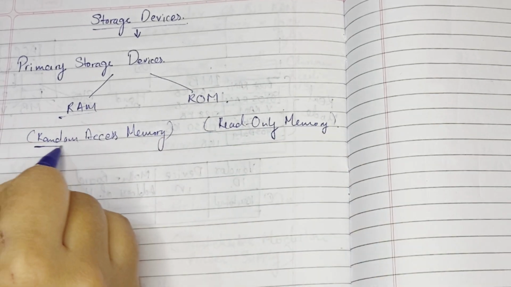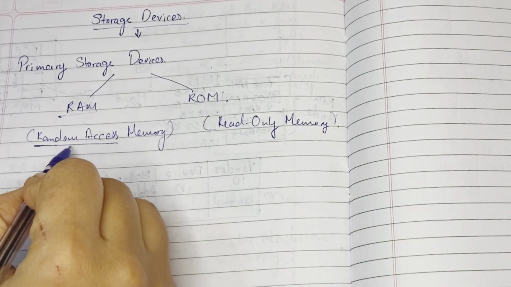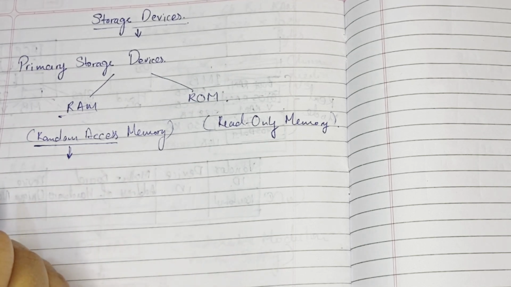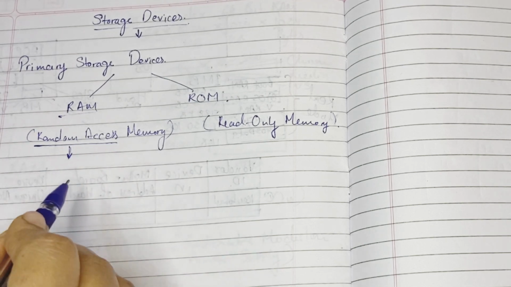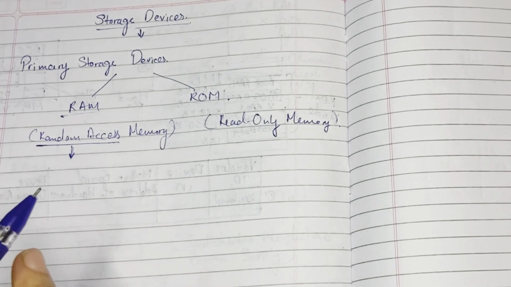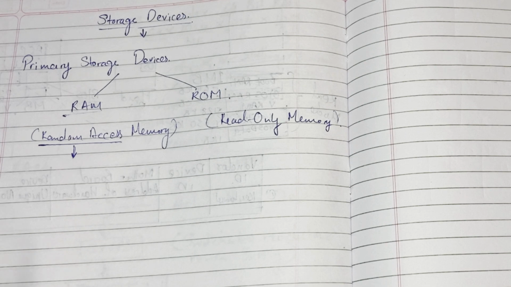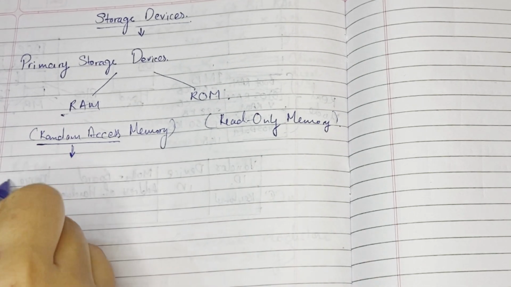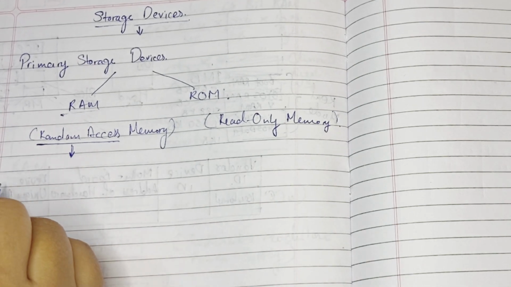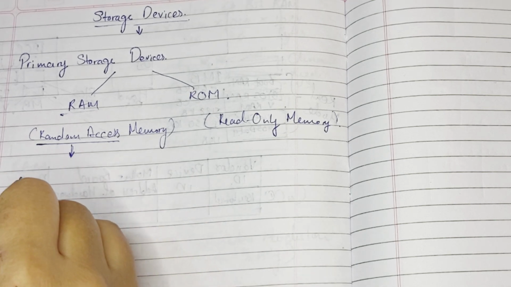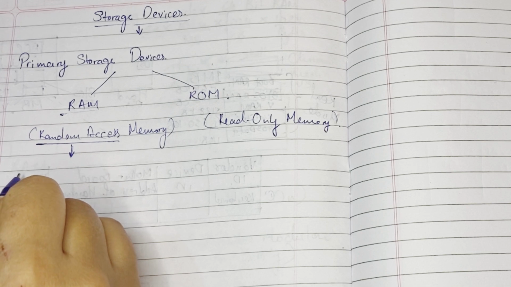Now first we'll understand the meaning of random access. Random access means that the memory can be accessed from anywhere; it is not serial. For example, with a DVD drive, when we play a song, we are able to play any song from the list.